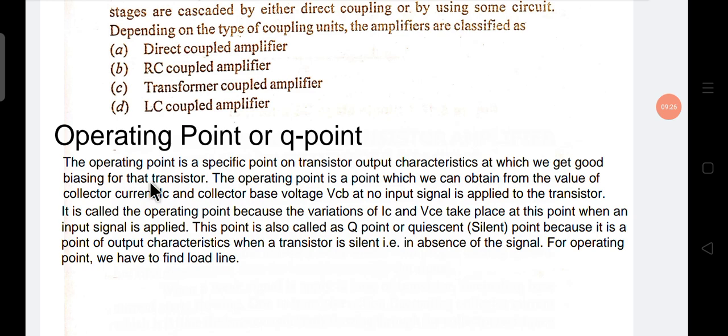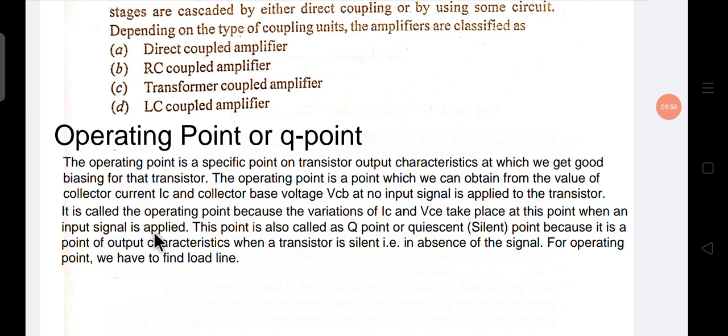The operating point is a point which we can obtain from the value of collector current IC and the collector voltage VCE, when the input signal is applied to the transistor. It is called the operating point because the variation of IC and VCE takes place at that point when an input signal is applied.